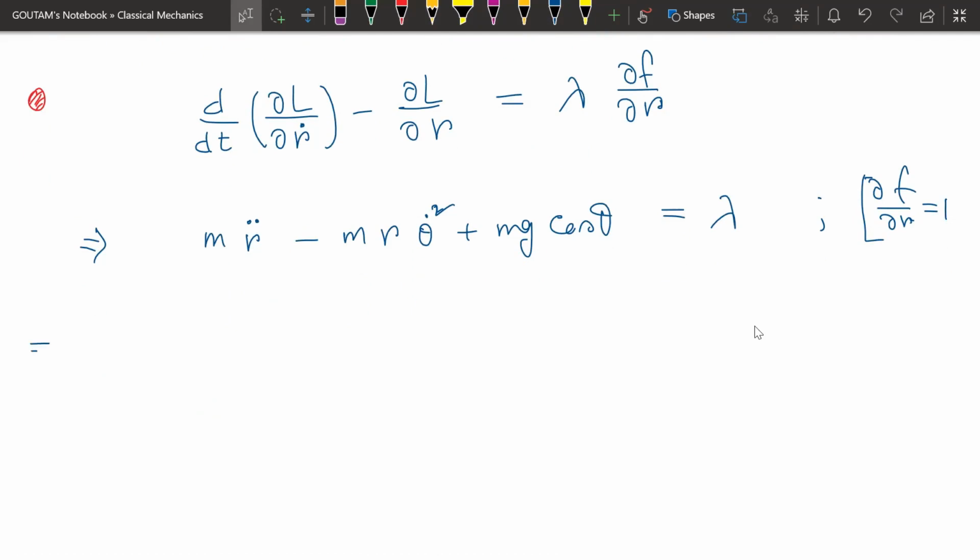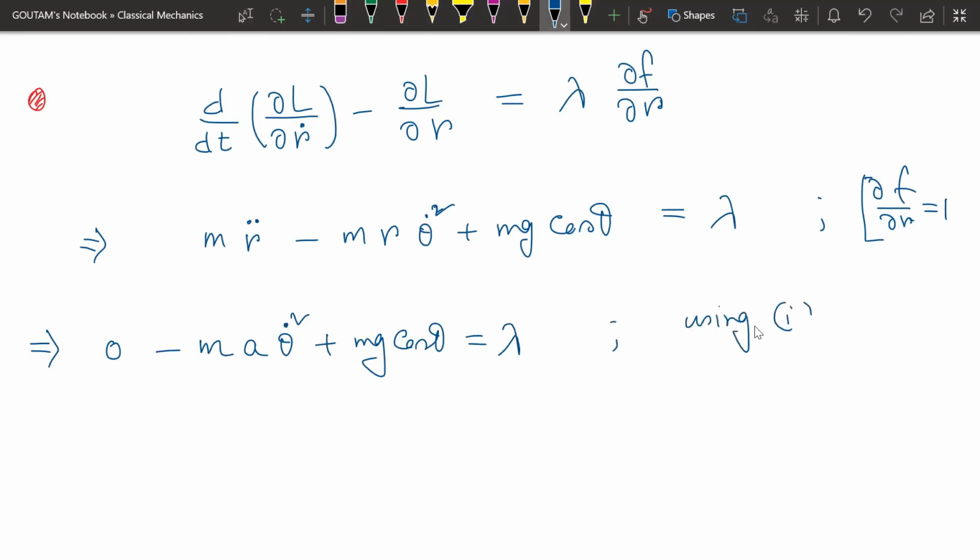Now it implies 0 minus m a theta dot square plus mg cos theta equals to lambda, using equation 2.